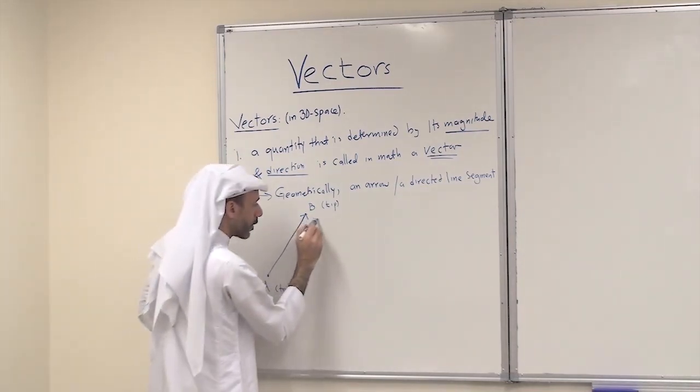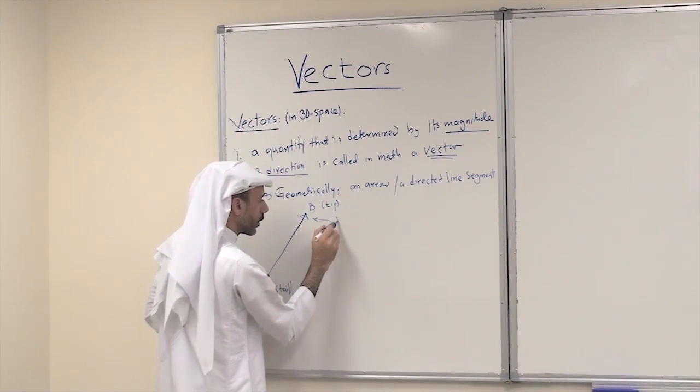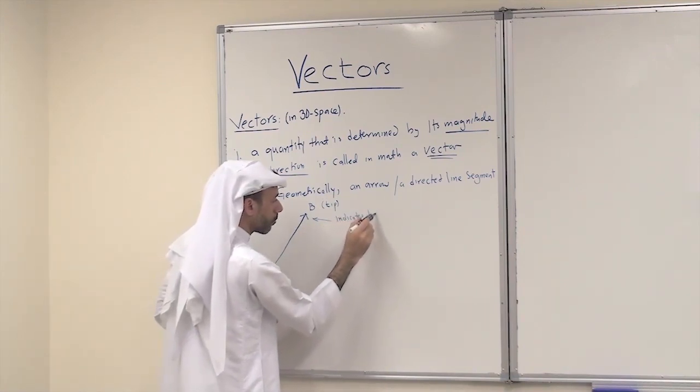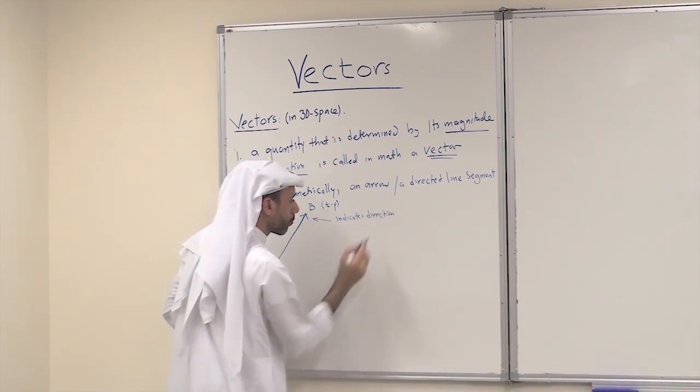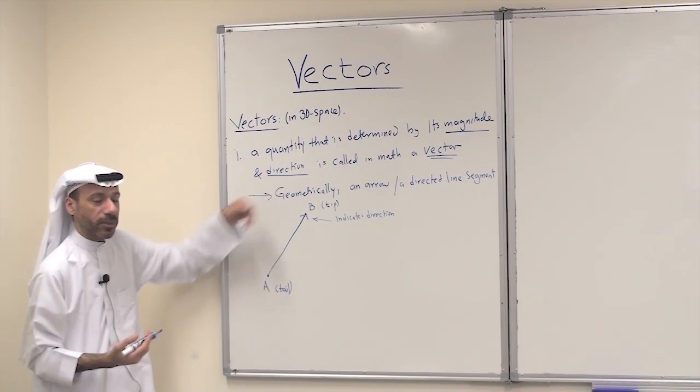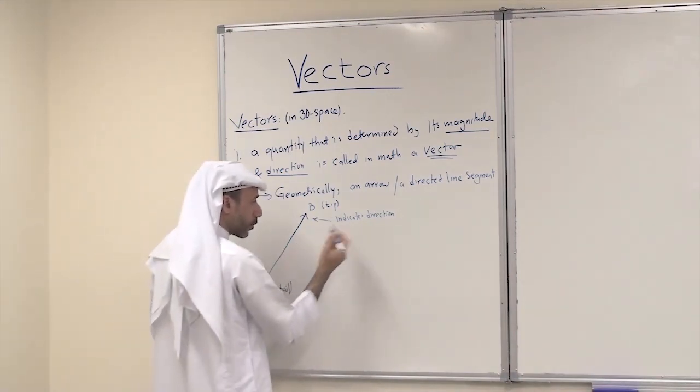The arrow indicates direction. So the direction of the vector goes from A toward B. This is for the direction.